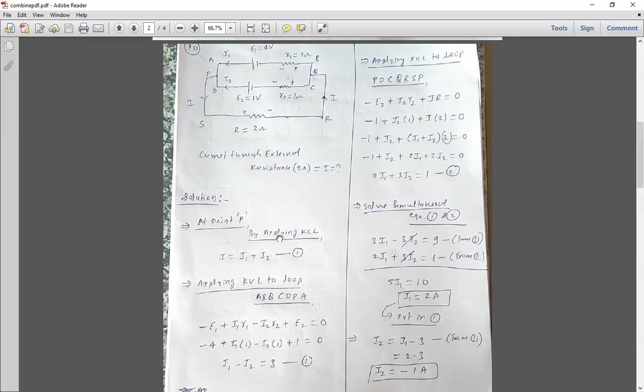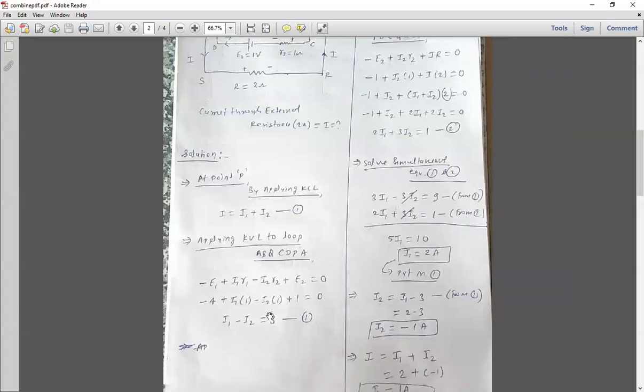Then B to Q nothing, Q to C nothing, C to D plus to minus, voltage across will be minus I2 R2, negative to positive, plus E2, equal to, then D to P nothing, P to A nothing, loop is completed, so equal to 0. Just put the values of R1, R2 and cell E1. This is the first equation.